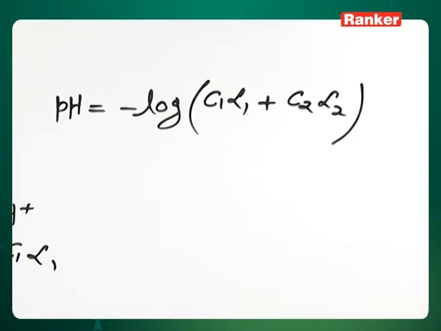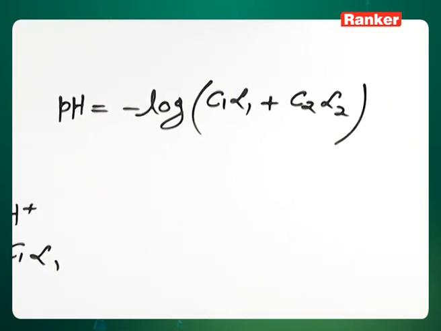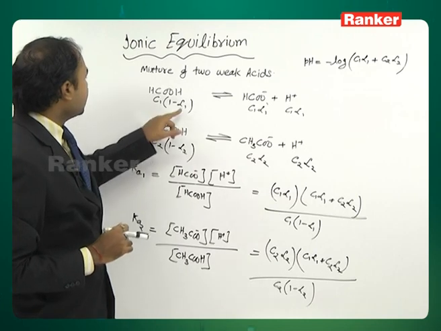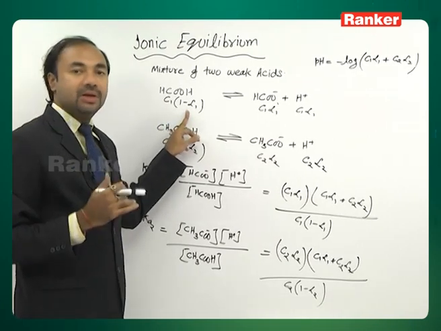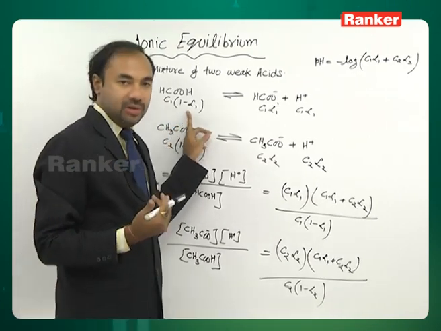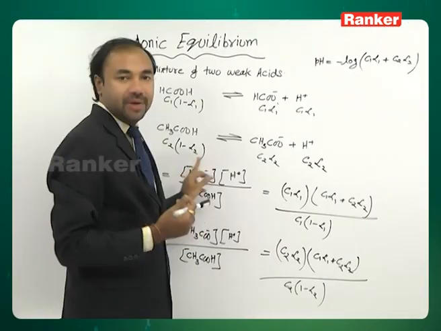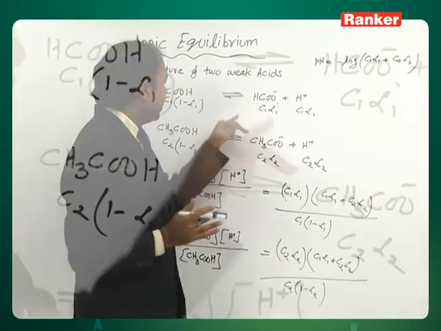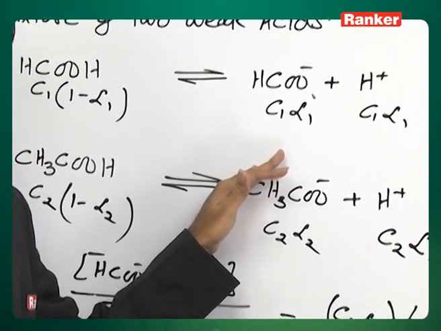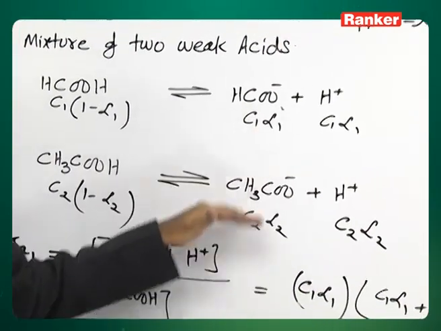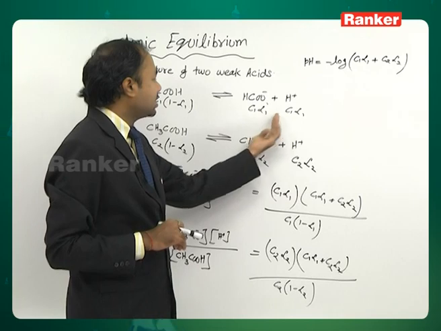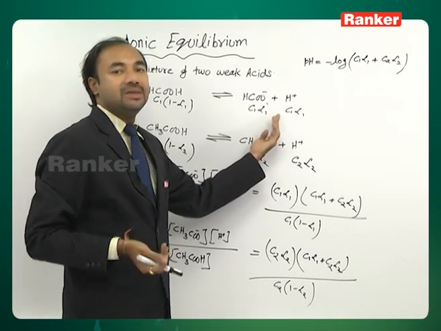One more thing you should understand here: this alpha 1 and alpha 2 have been assumed to be degrees of dissociation in presence of each other. And in presence of each other, the dissociation of both of them is going to decrease.